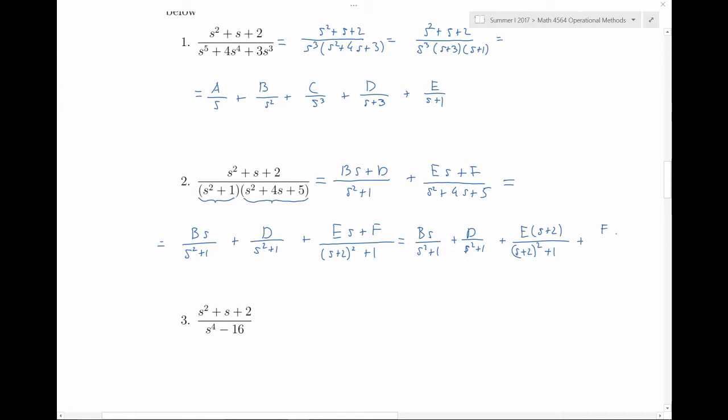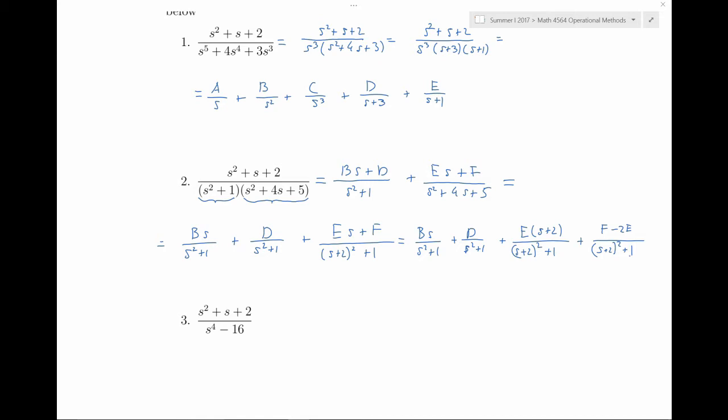And then if you notice, I added two copies of e that weren't there before. So I have to subtract them out. Now we can see that the first fraction is just a shifted copy of the cosine transform, and the other is a shifted copy of the sine transform.